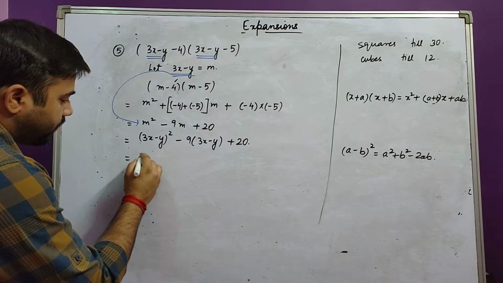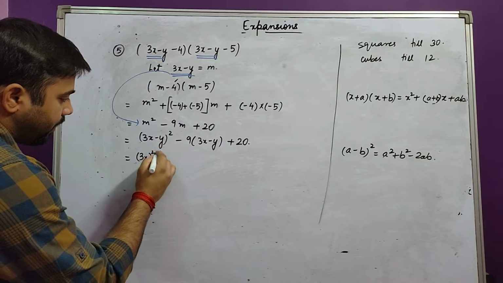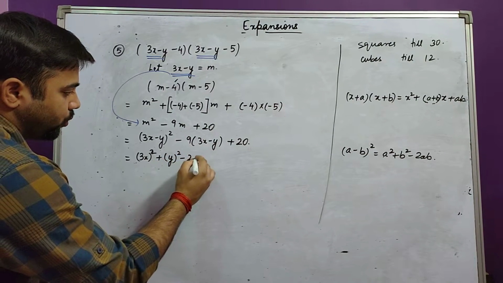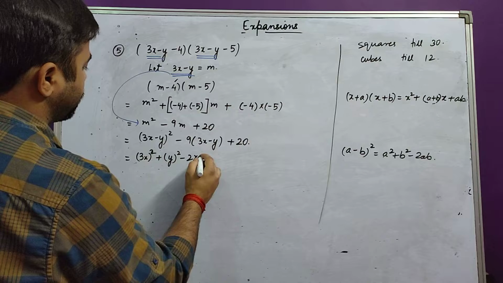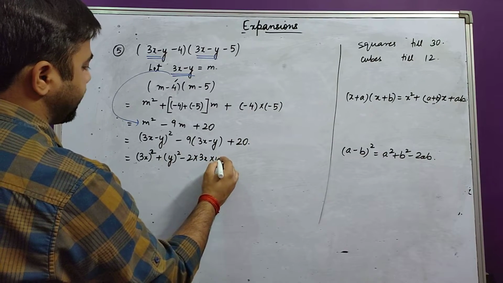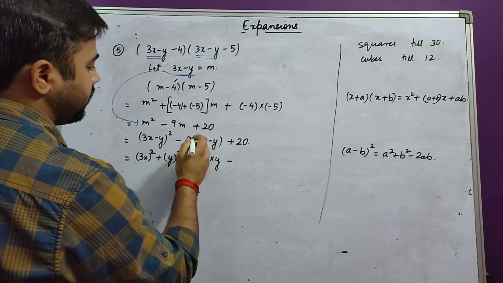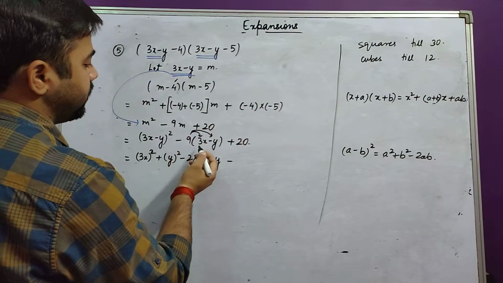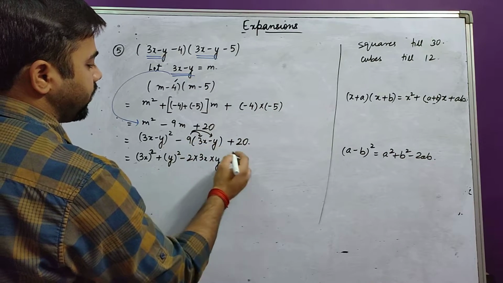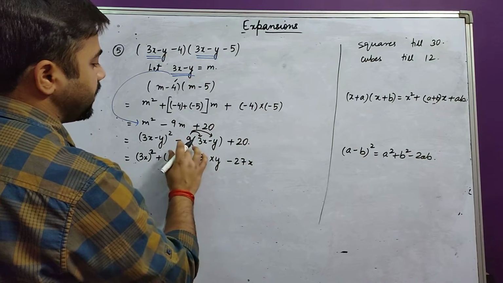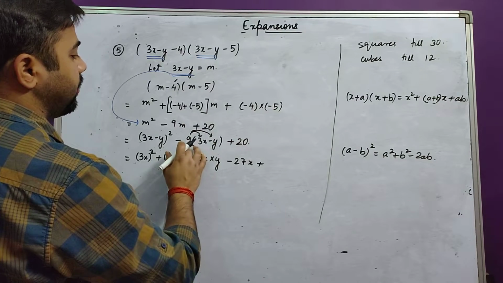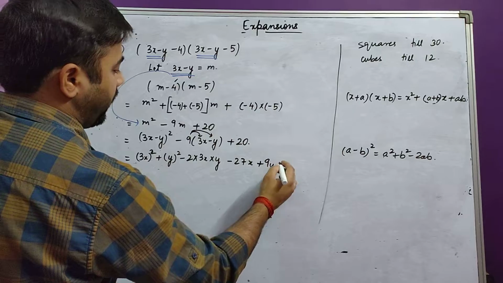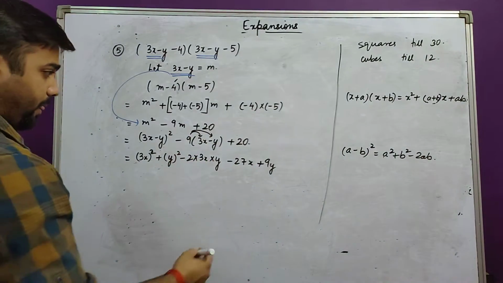It becomes 3x whole square plus y whole square minus 2 first term into second term, minus, okay, we are going to use the distributive property over here, minus 9 times 3x, that is minus 27x, and minus minus is again now plus, and we get it over here as plus 9y plus 20.